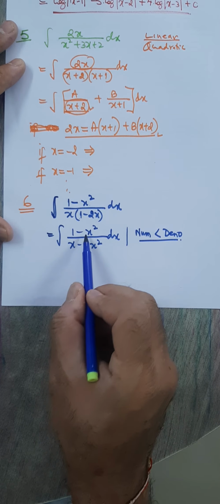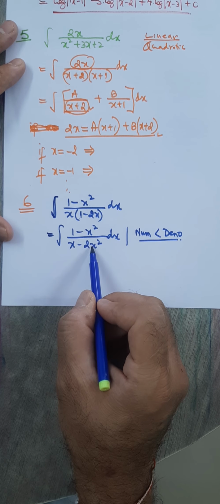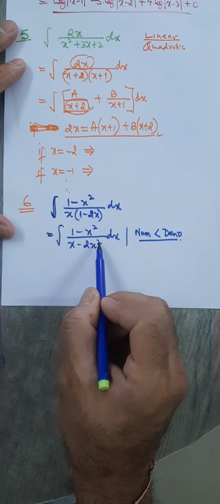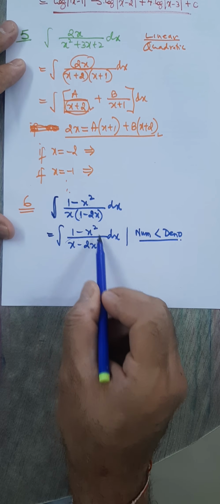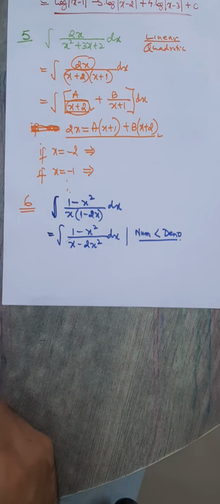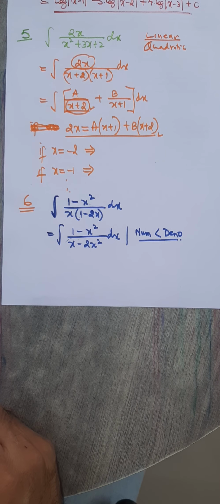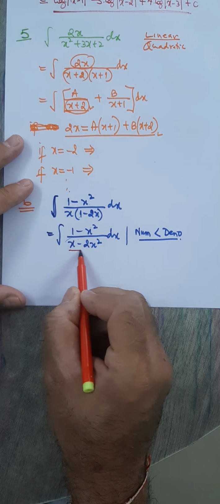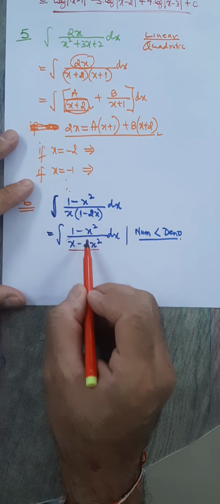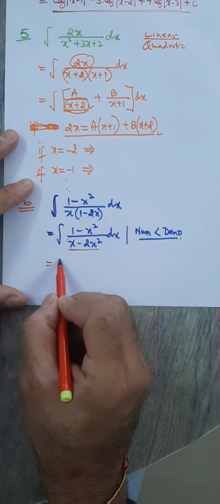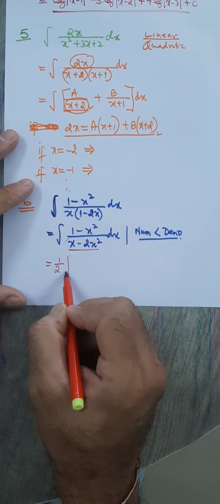So what we do in such questions, if you have quadratic upon quadratic or linear upon linear, I'll set the denominator expression over the numerator. I need minus 2x squared, so first multiplying and dividing by 2.